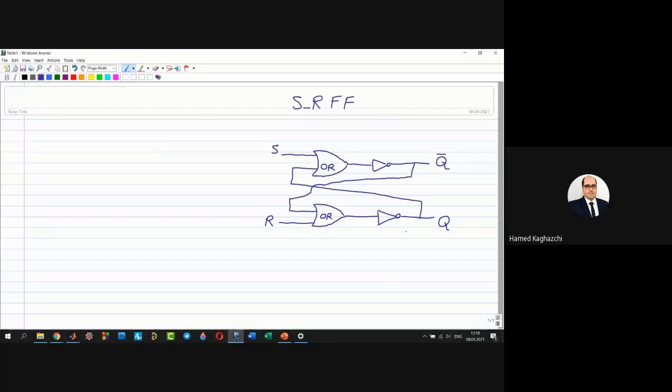We said that for explaining and understanding the output of any circuit, we need to generate the truth table, the truth table for each circuit.